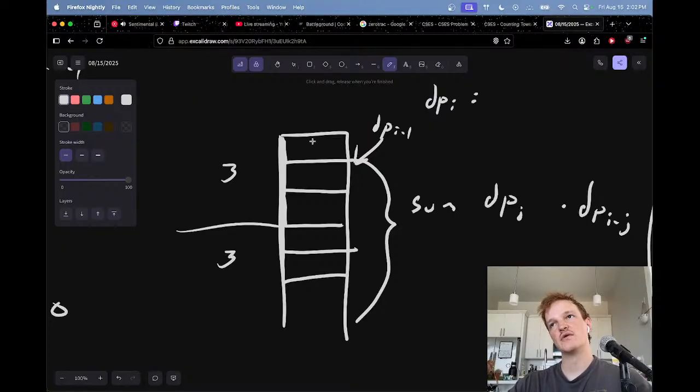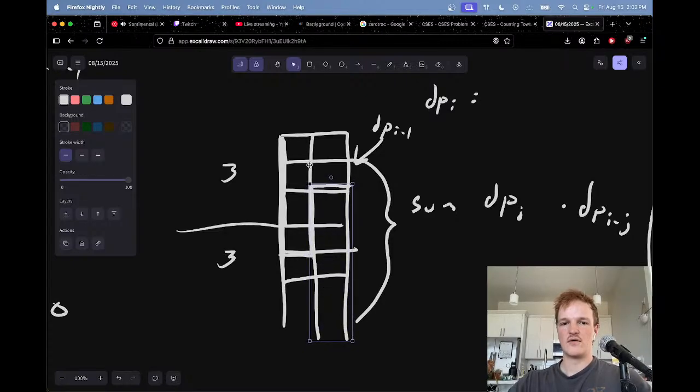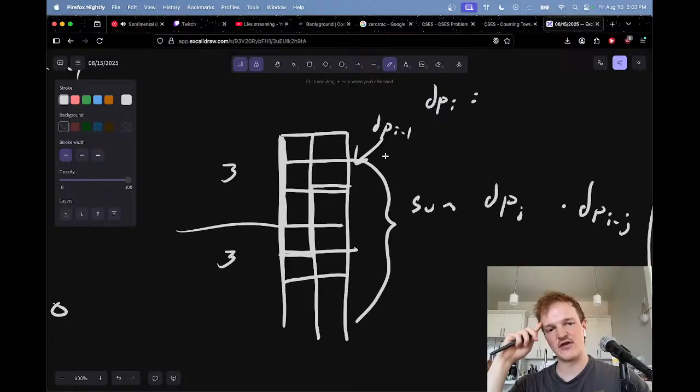Is that even true? I don't even think that's true. Because what if you placed a block that was like this, and then another block that was like this? So in this world, there's not really any exact partition that's going to get this.